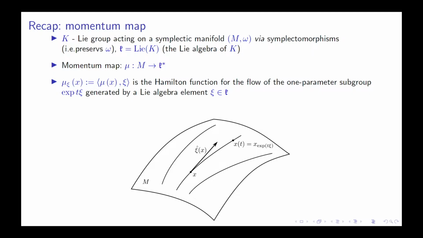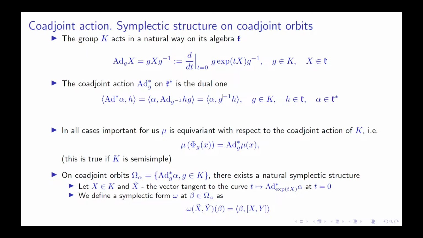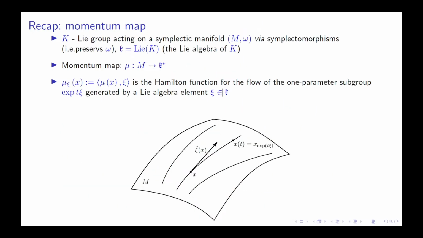The role of the momentum map is that for each element of the algebra we can define a map, our momentum map, which sends points from M to elements of the dual of the Lie algebra.